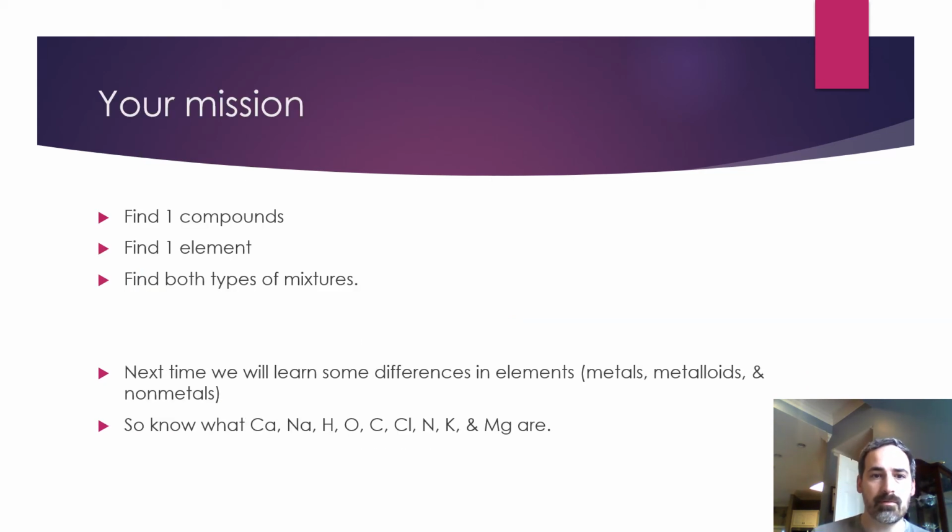So now, your mission is to find one compound in this house. I originally said two, but let's take off that. To find one element and find both types of mixtures. So that's for a total of 4 things you need to bring to me.